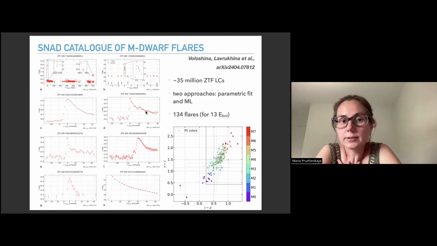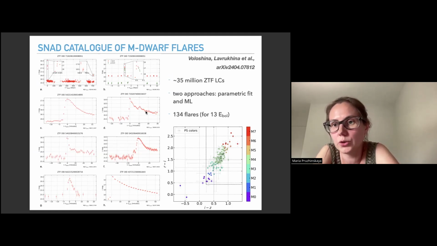One of such findings, actually, some M-dwarf flares, makes us think about initiating a separate sub-project devoted to M-dwarf flare search in ZTF data. So we took around 35 million ZTF light curves and implemented two different approaches.